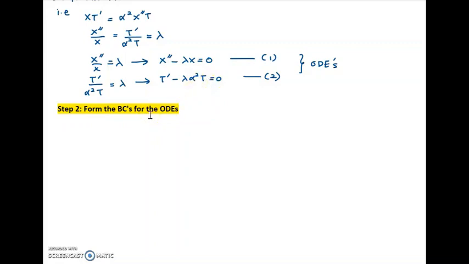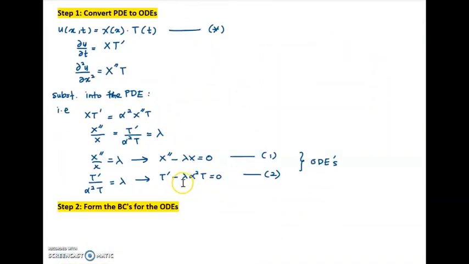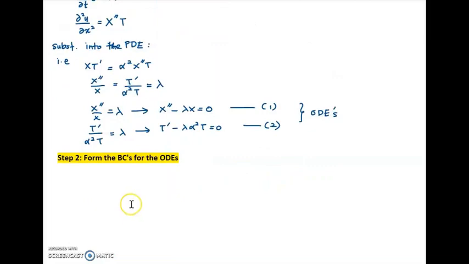We need to use the boundary conditions to know the constants that we will produce later. So we are going to use the given boundary conditions to create another two boundary conditions for the ODE.